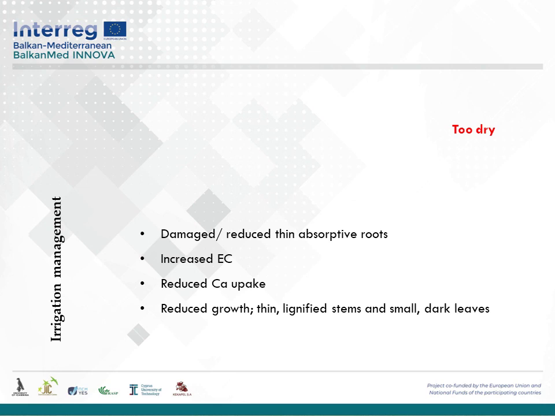A significant problem of dry substrate will be the reduced calcium uptake by the plants, which has several consequences in the plant, and the most known of them is a specific physiological disorder called blossom end rot, which might cause significant losses of yield.